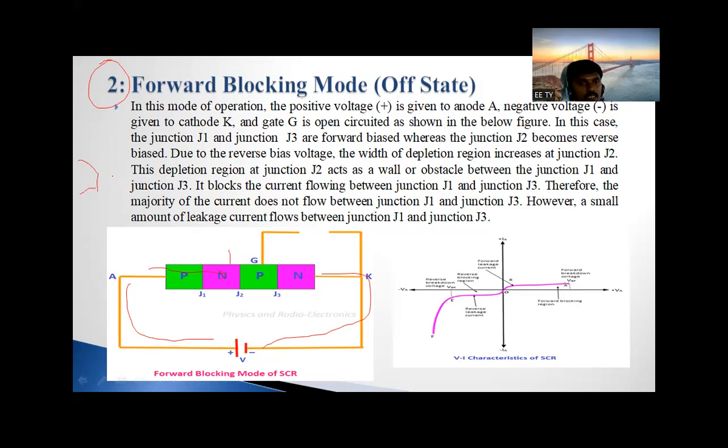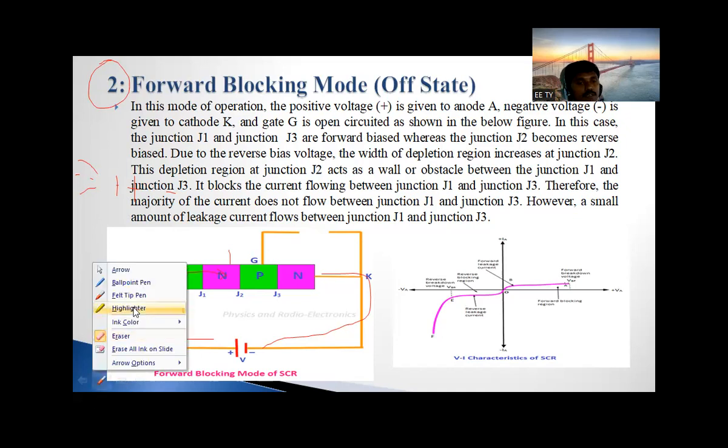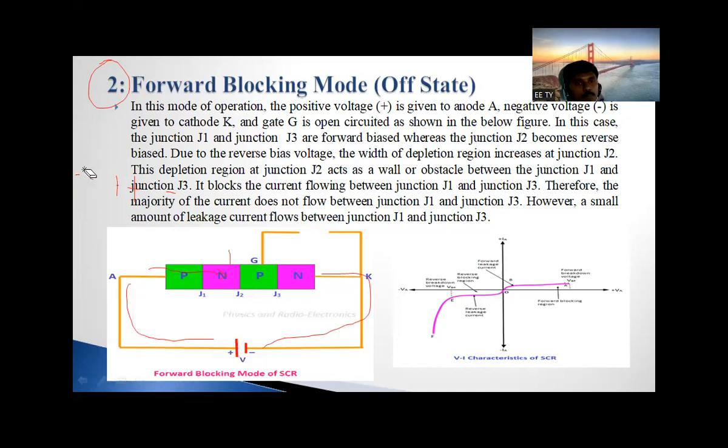Here one gate is there, this is the second gate, and this is the third gate. The water should flow from here to here. For the water to flow, all three gates must be opened. One gate is open, so the water comes up to the second gate, but the second gate is closed, so the water cannot come to the third gate. This same way is happening here also.